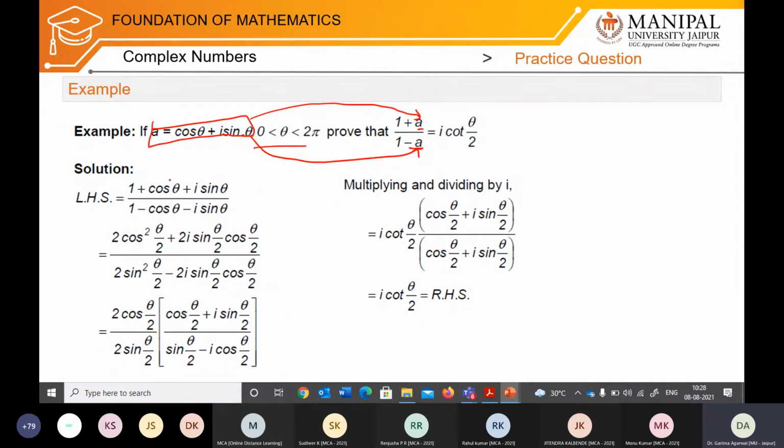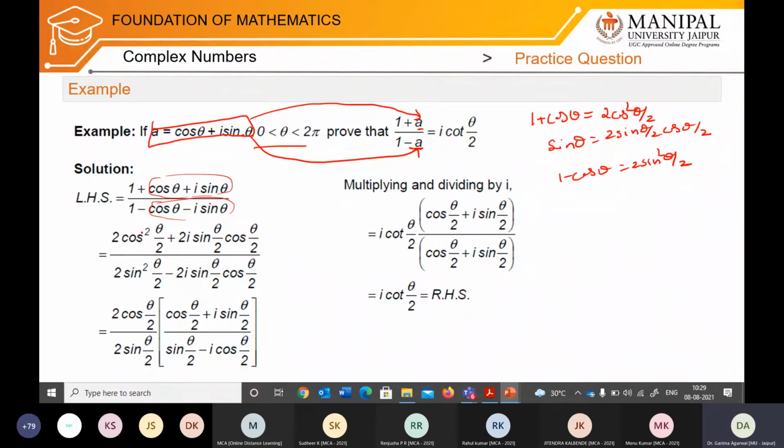So 1 plus a upon 1 minus a, right? Then we have a few trigonometric identities: 1 plus cos theta is 2 cos square theta by 2, sin theta is 2 sin theta by 2 cos theta by 2, and 1 minus cos theta is 2 sin square theta by 2, right?